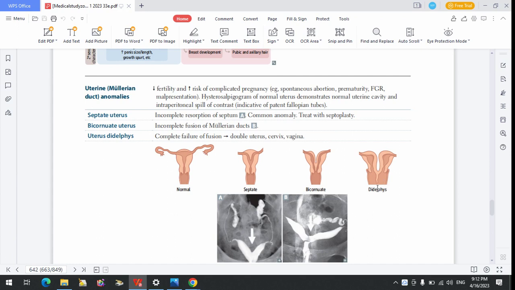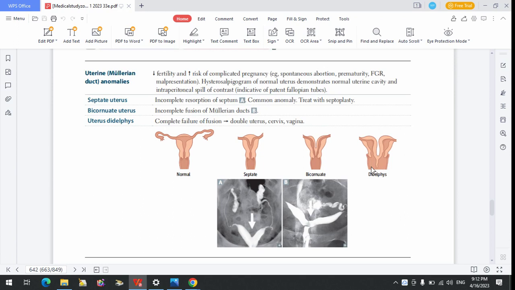So it will appear as if you're having two uteruses, two cervixes, and two vaginas. Once you're having double of everything, that's your uterine didelphys, and it is due to complete failure of fusion of the entire structure.